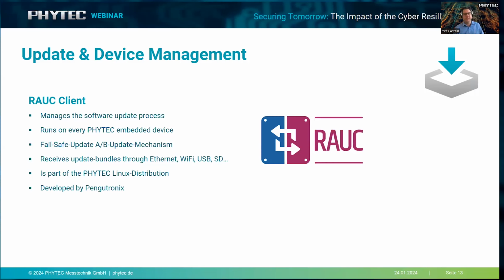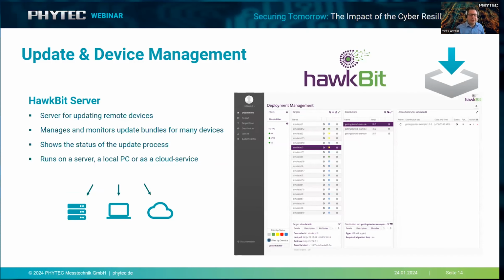It will pull the image out of the USB stick and install it on the A or B partition. So this is all maintained by open source. Pengutronics is taking care of this development mainly, and it's been in the market for very long, and it's quite robust.